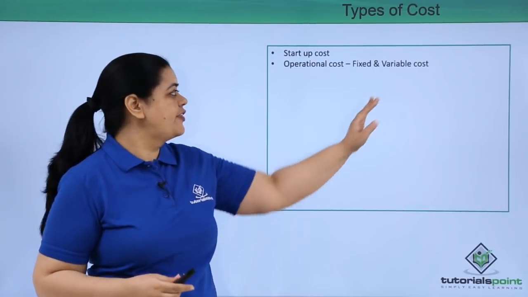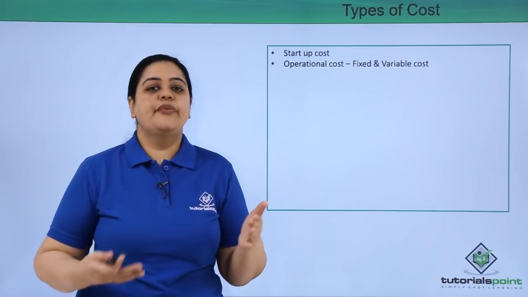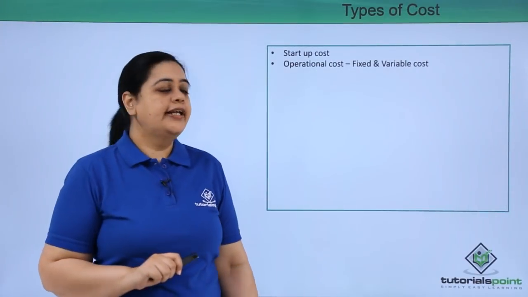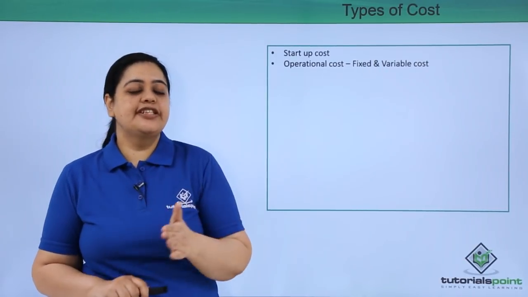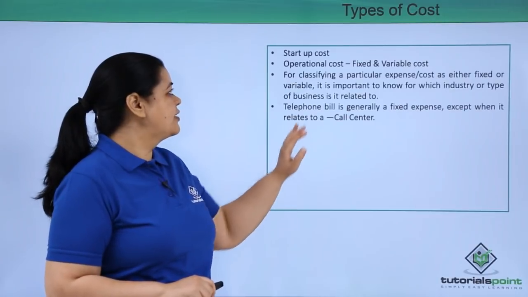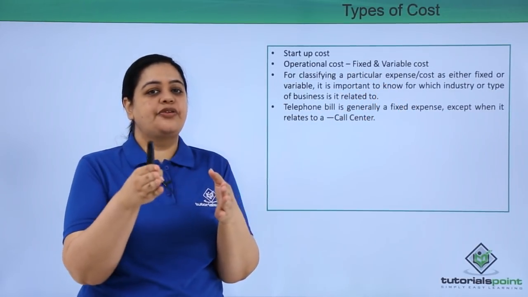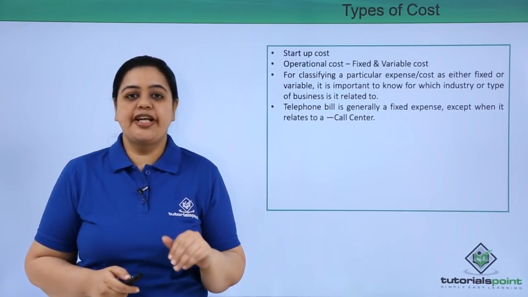So there would be certain fixed costs and certain variable costs which would be incurred when you are operating your business. These are known as operating expenses. It is very necessary that you understand the difference between fixed and variable cost. When you are classifying a cost into a fixed cost or a variable cost, you need to understand to which industry it belongs.